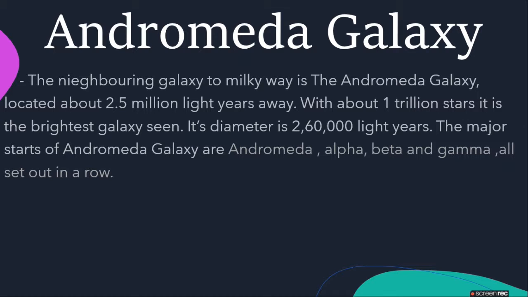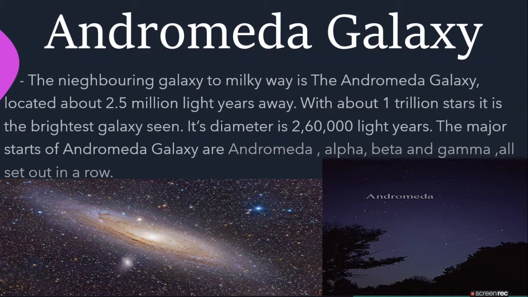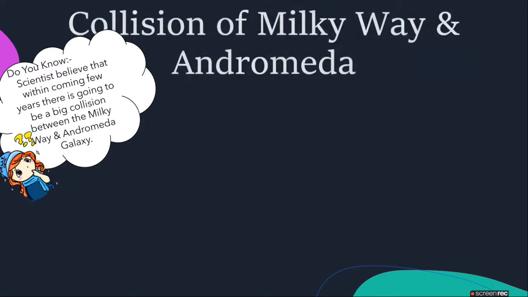The major stars of the Andromeda Galaxy are Andromeda, Alpha, Beta, and Gamma, all set out in a row. Do you know? Scientists believe that there is going to be a big collision between the Milky Way and the Andromeda Galaxy.